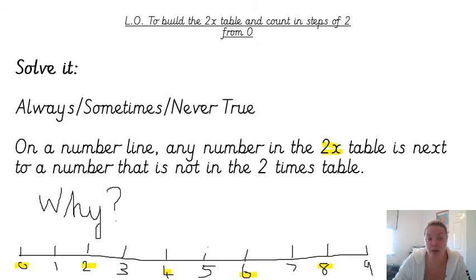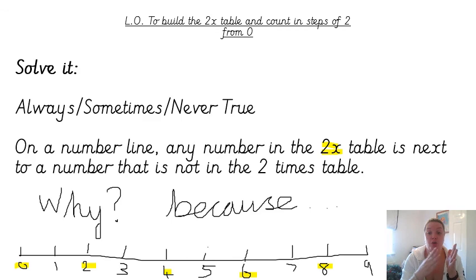And this is where you're going to use that word again, because. Oh, it's very tricky. I think I'm getting better at this. So because, and then dot, dot, dot. You're going to write a sentence. So you're going to write, it's always true, sometimes true, or never true. Remember, you've got to pick one, because, and then you're going to write the rest of the sentence.